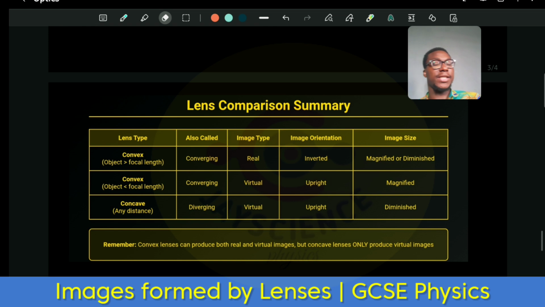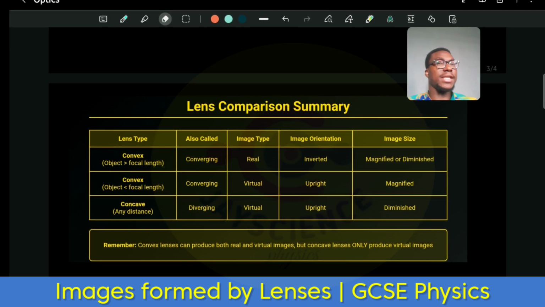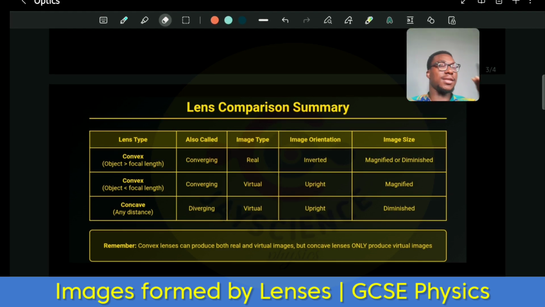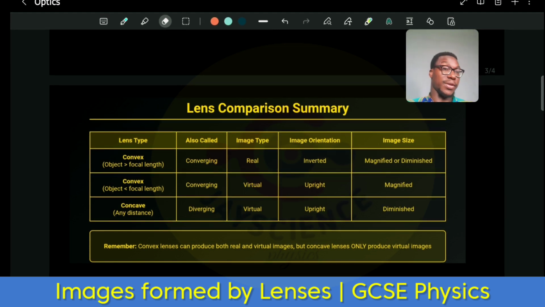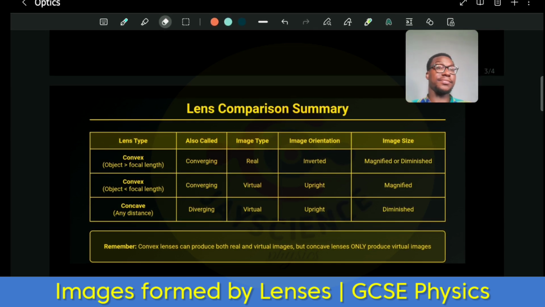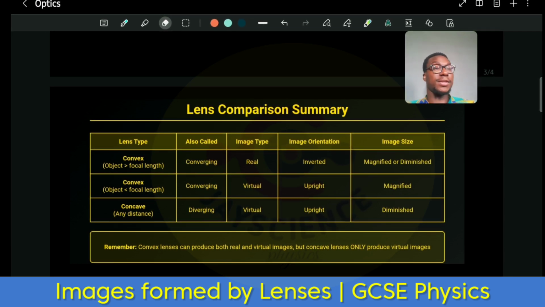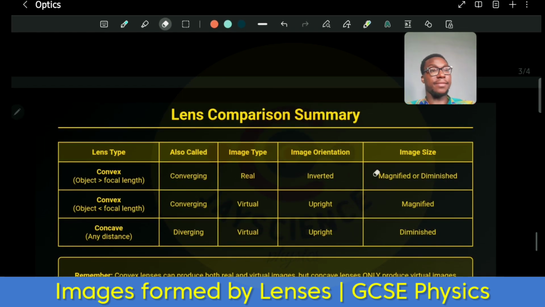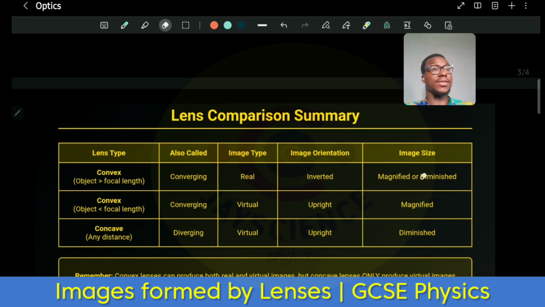Just a bonus here, the image formed by the two lenses. We can pit them against each other. For convex, we also call it converging. The image type is always real, except if it's less than the focal length. So for the first one, this is magnified here, or diminished, depending on what your distance is.